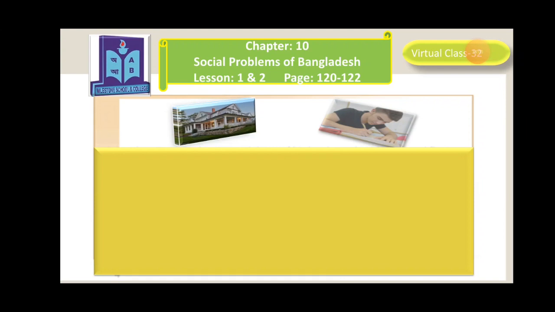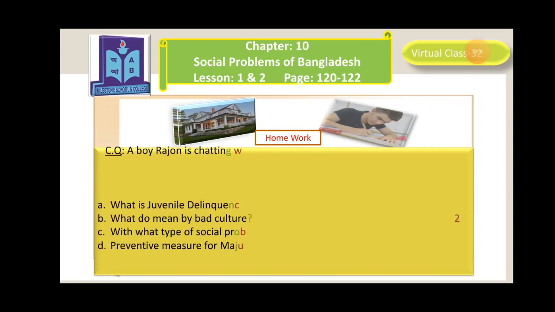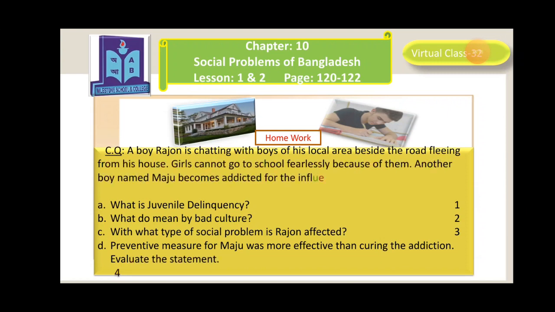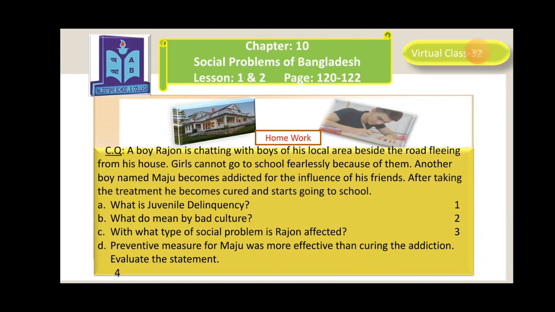And at this point of view, I am just giving a homework to you. That is a creative question, and you can see the question is: a boy, Rajan, is chatting with boys of his local area beside the road fleeing from his house.